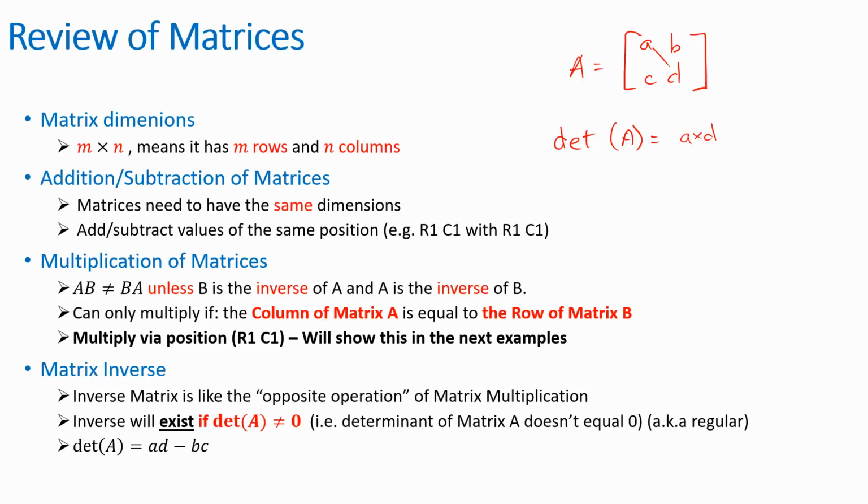Row 1, column 1 multiplied by row 2, column 2. Subtract row 1, column 2 multiplied by row 2, column 1. Okay, that's what this determinant is referring to.